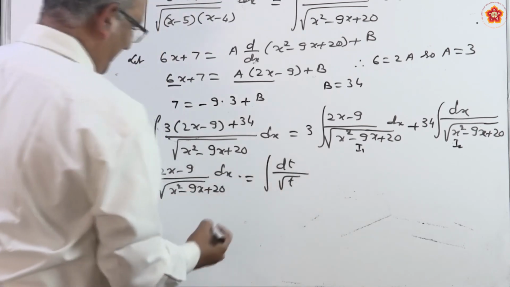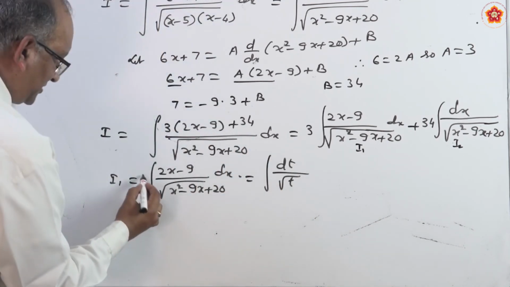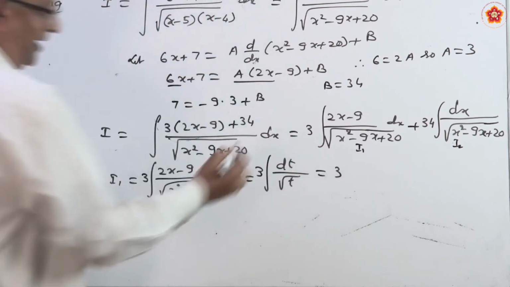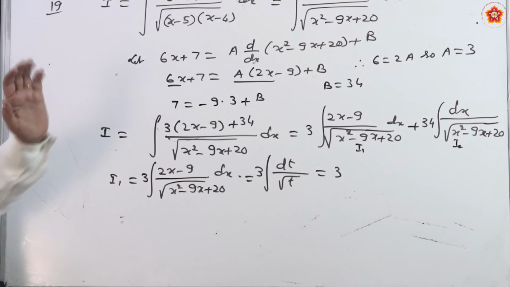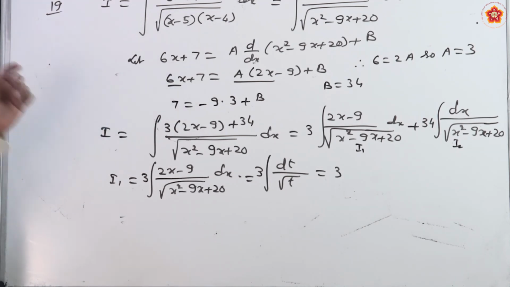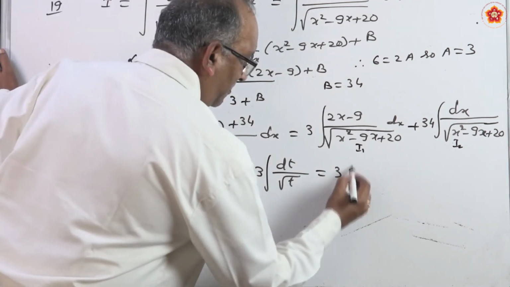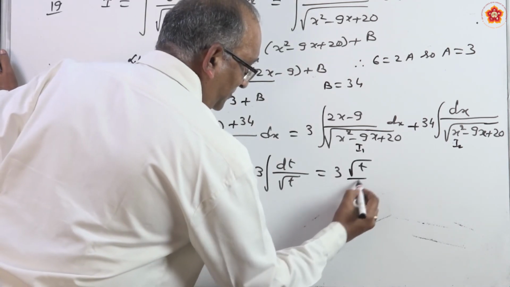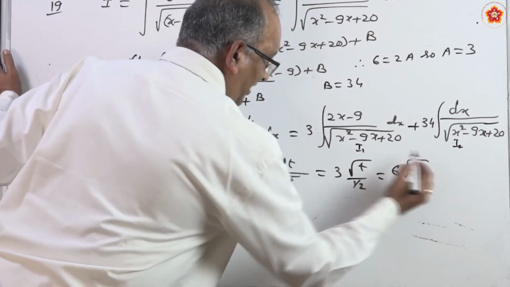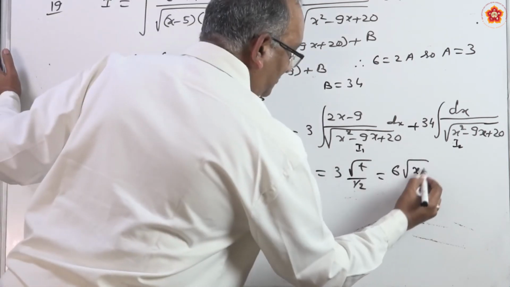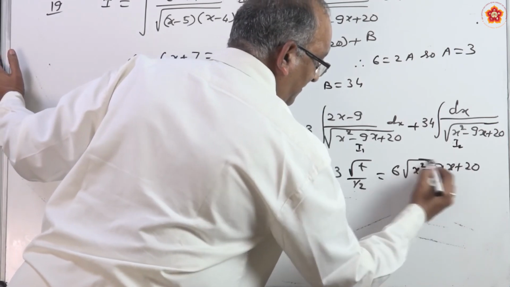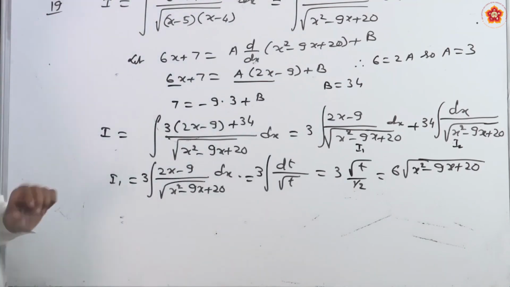Remember 3 is also there. So 3, what is the integral of dt by root t? Root t will go up, it will become t to the power minus half. So it will become t to the power half by 1 by 2. So it will become 6 under root of t. T is what? x square minus 9x plus 20. This is the first integral.